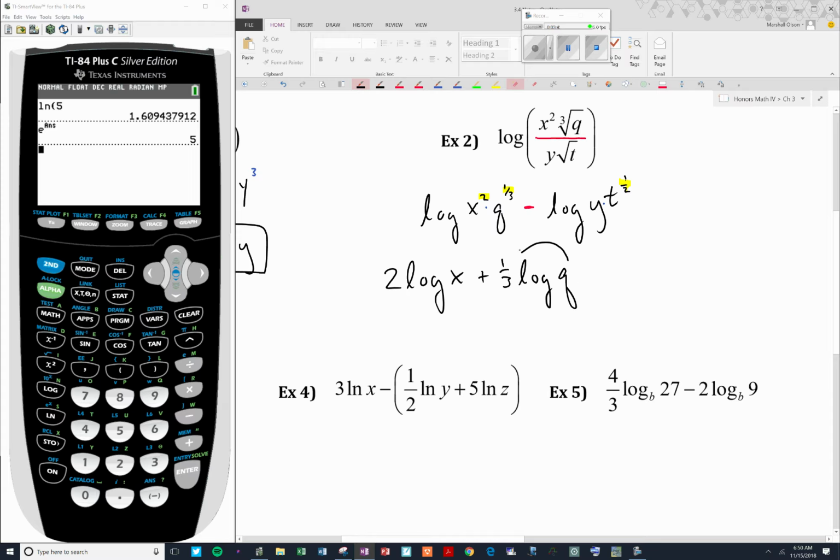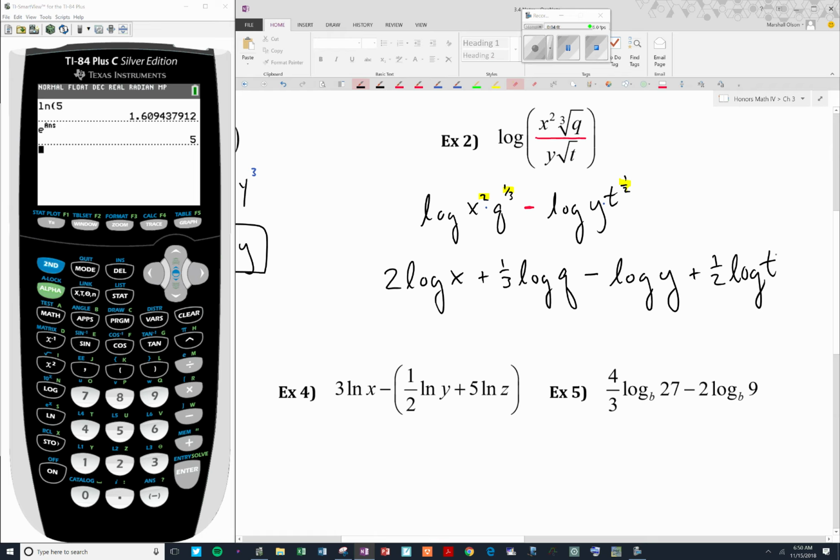So I'm bringing all those exponents down right away. I brought that 2 down, I brought the 1/3 down, and then minus, there's nothing on the y, so I'll just have log of y plus log, forgot to bring that 1/2 down, 1/2 log of t.